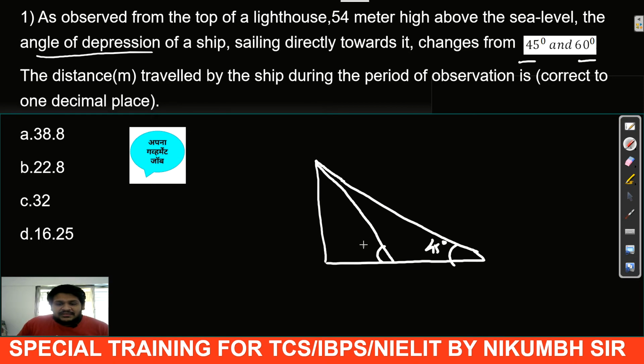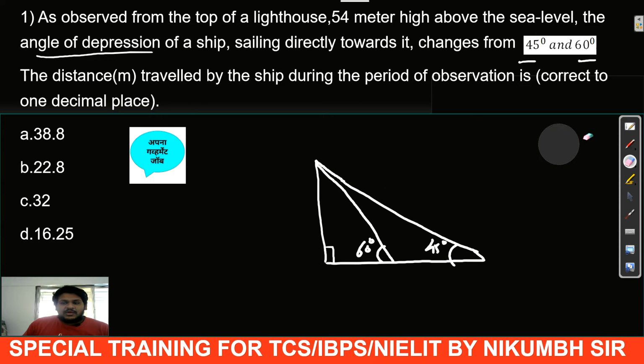So this is your 60 degree. The basic thing is how to mark this as 45 and this as 60, and why I can't mark this as 60. If you see this triangle, it is a right angle triangle, this is your 90 degree.